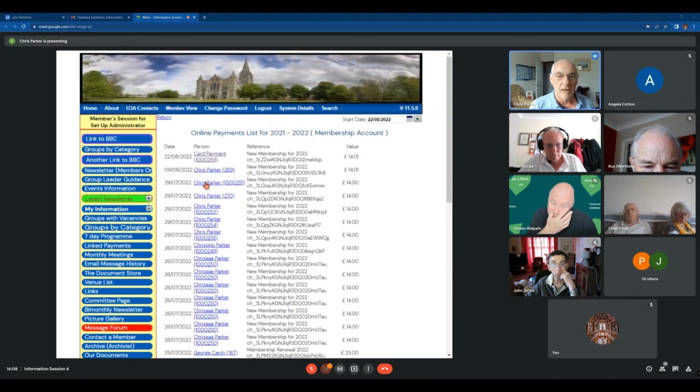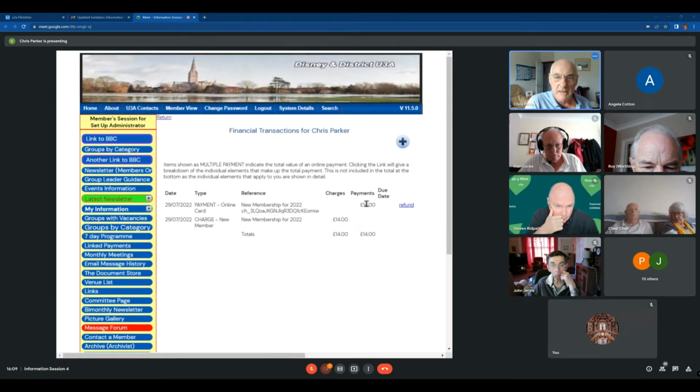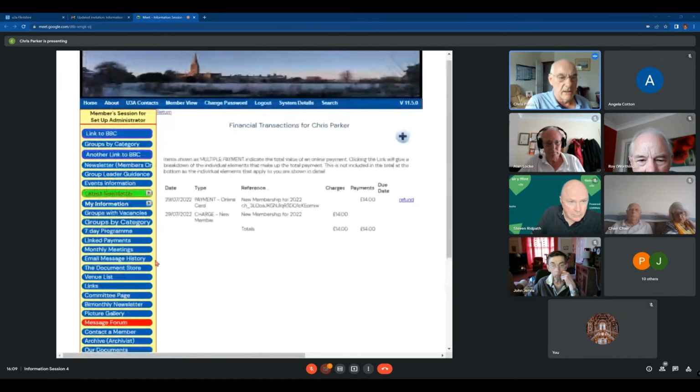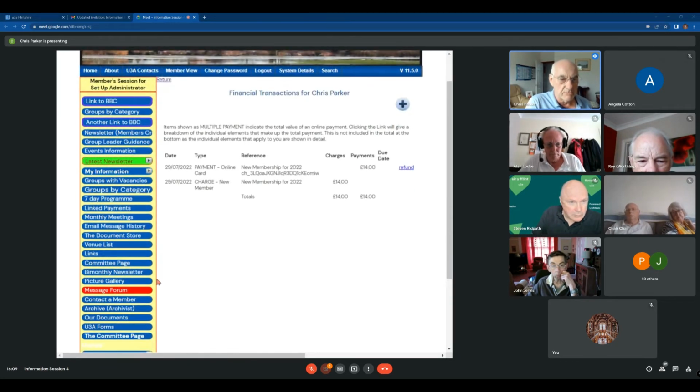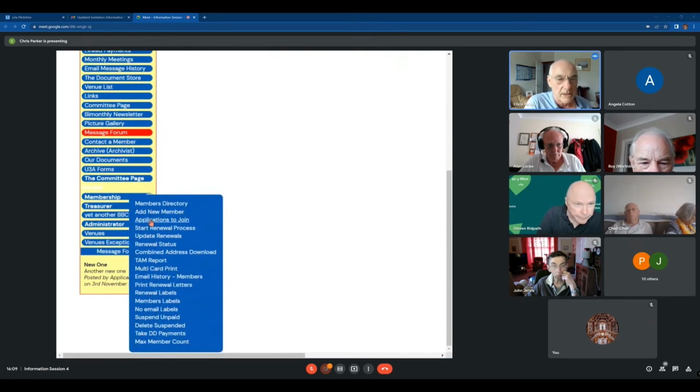If we click on their details, we can see that on the 29th of July they applied to join. They paid their £14, but haven't yet been accepted as a member. So it probably means you've got some people outstanding in the membership section, applications to join.